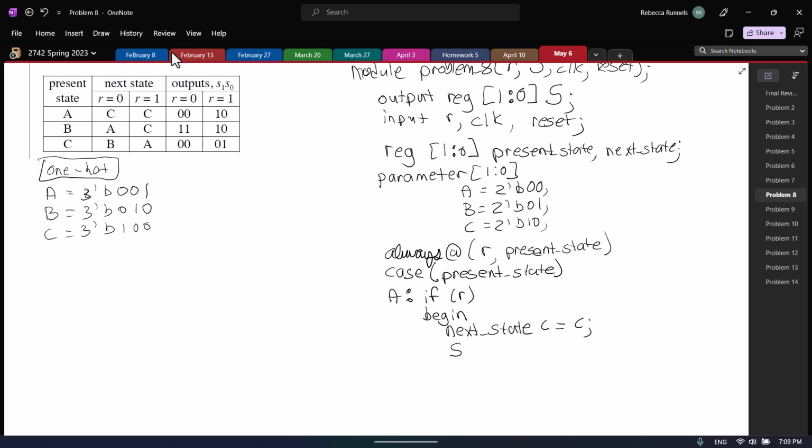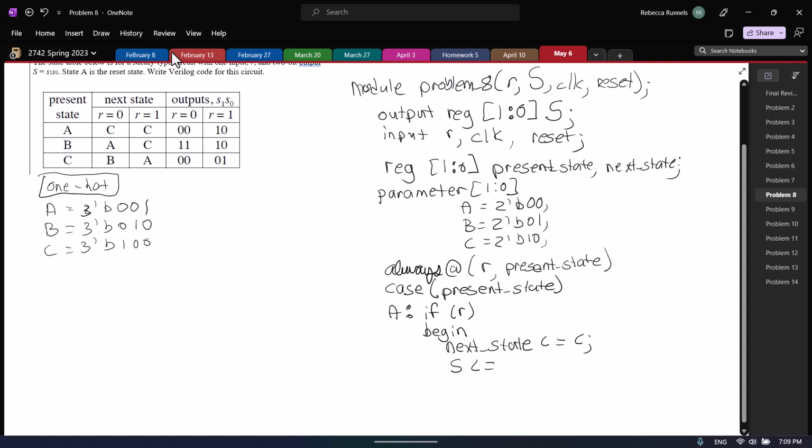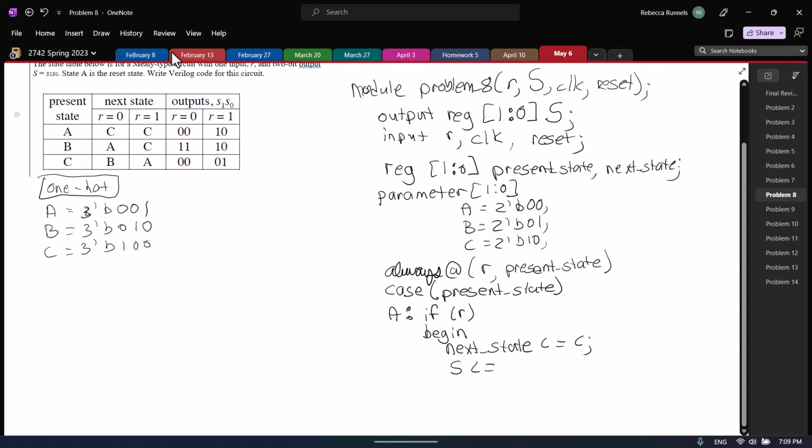And S, do we use the next state, not C? Next state is the little coding. Oh, I got it, yeah. And if R is 1, my output should be the binary number 1, 0.